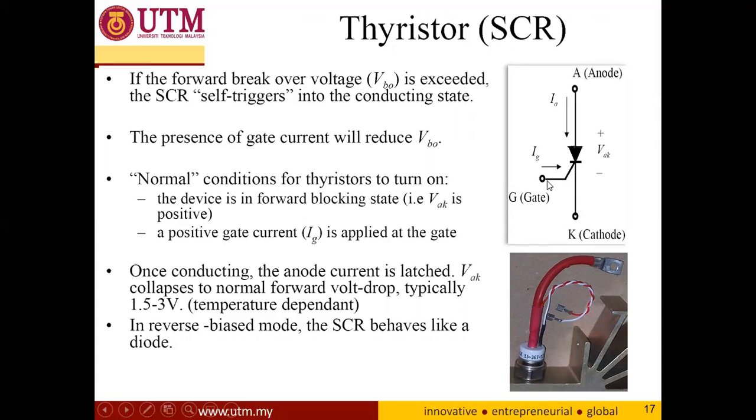So even though you have a triggering signal going into this, if the SCR is in the reverse state, it cannot turn on. So these two conditions must be met before the SCR can be turned on. When these two conditions are met, the behavior of the SCR is similar to the diode.